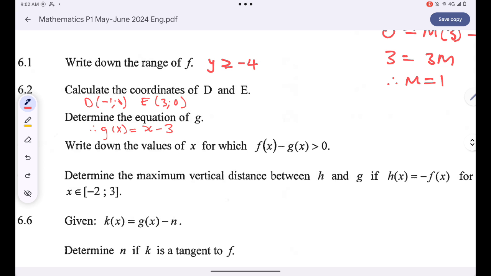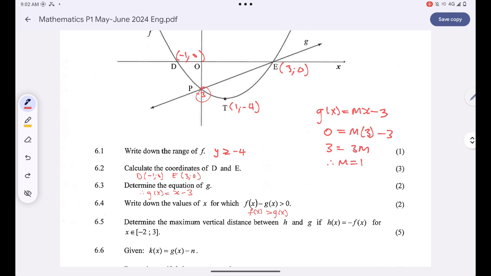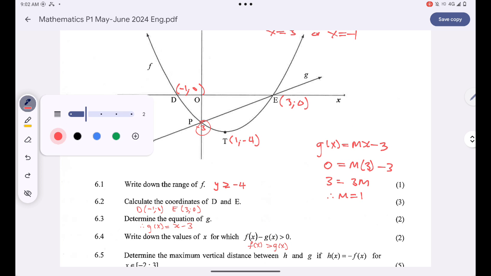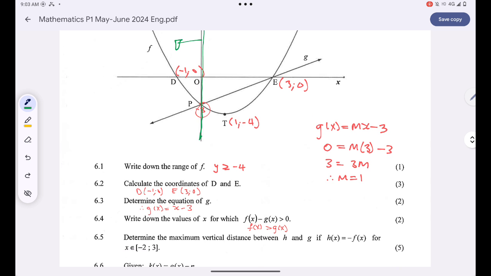Okay, now I must write down the values of x for which f of x minus g of x is greater than 0. You can rewrite this statement like this: f of x is greater than g of x. So basically, I'm looking for the values of x whereby my graph of f of x is above the graph of g of x. If I check from this point of intersection moving to the left, I can see that f of x is above the graph of g of x.